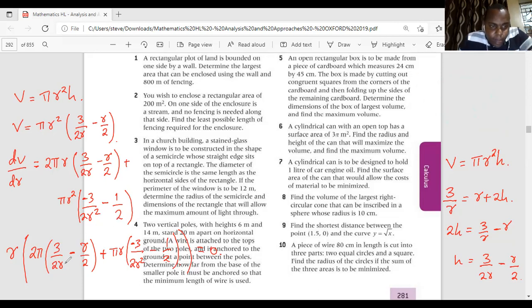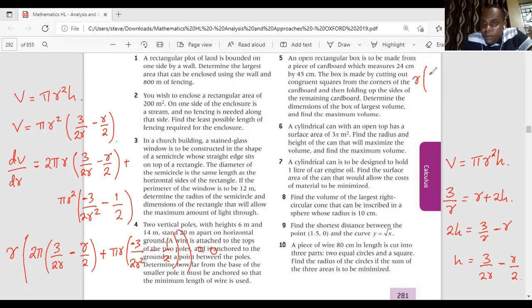So if we divide everything by pi, we are going to get r, and then the 2 pi just becomes a 2, which we could write as 3 over r.